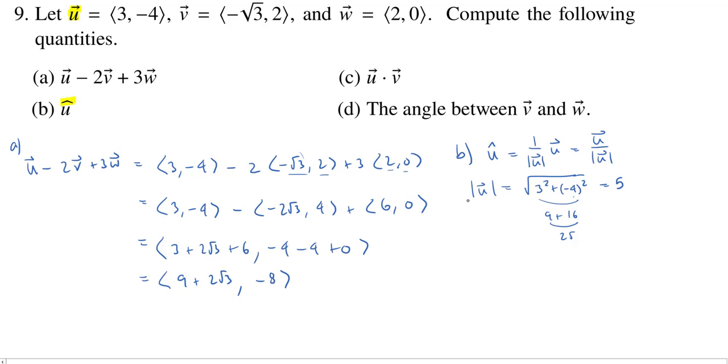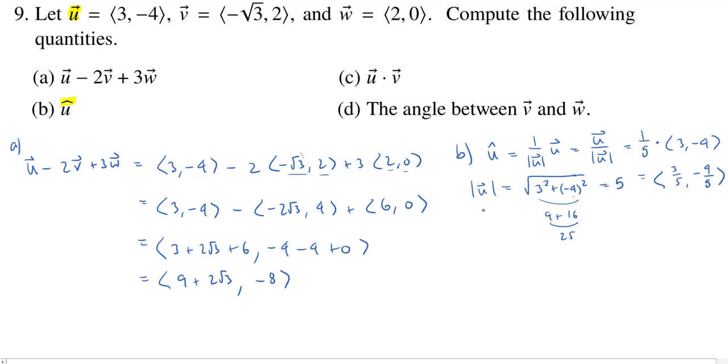So the length of the vector u is 5, and therefore we're going to get 1 over 5 times the vector 3, negative 4. Or if we put it together, 3 over 5, comma, negative 4 over 5. And one could go through and check now that this is a unit vector by again computing the length.